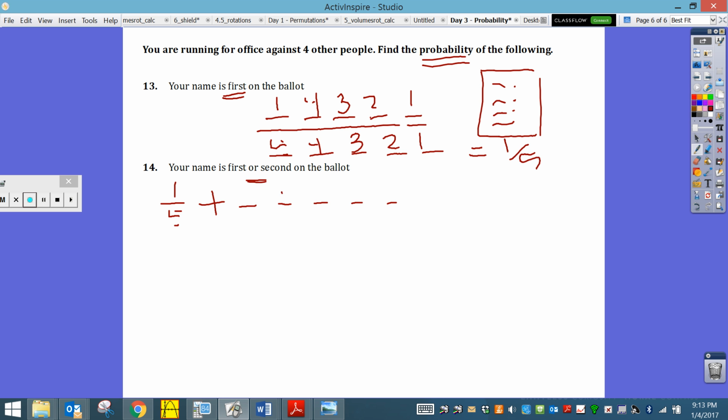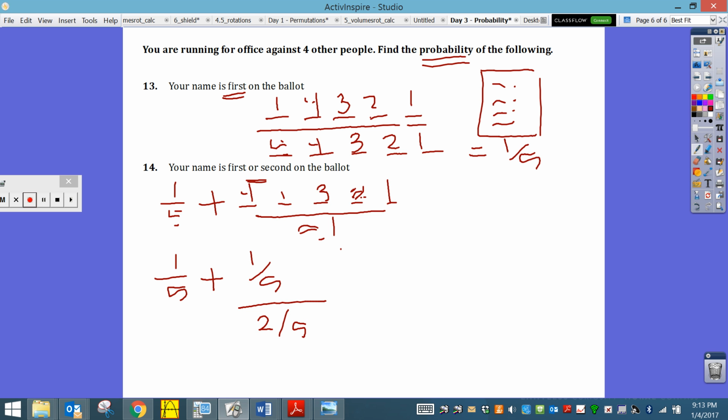So you want to come second. Okay, so you're the only option for that second part. There could have been 4 people, then 3, then 2, then that last lonely guy, divided by all the options. So really, this came out to be 1/5 plus 1/5, so the probability was 2/5.